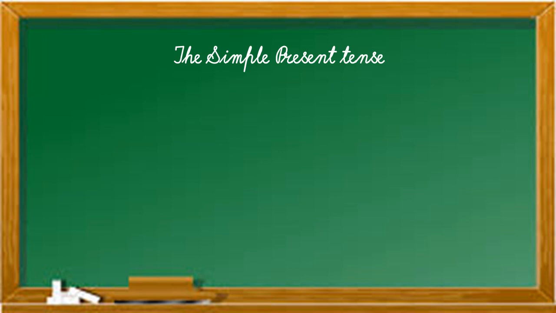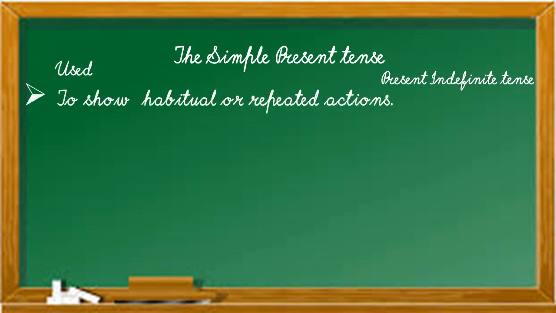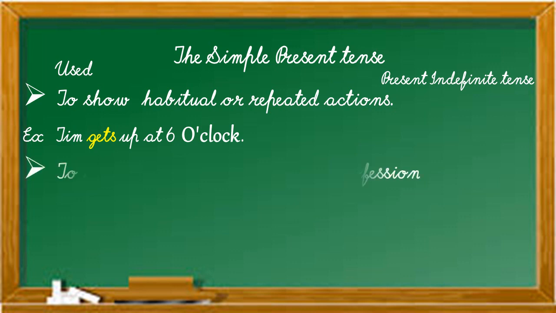It is also known as present indefinite tense. Simple present tense is used to show habitual or repeated actions. For example, Tim gets up at 6 o'clock. This sentence talks about an action that takes place regularly.